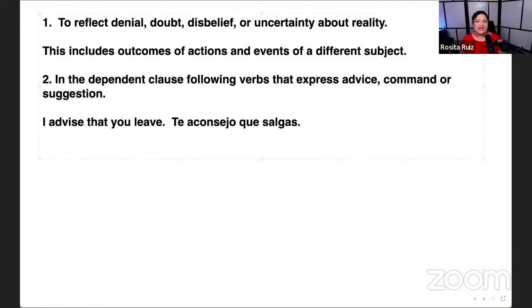And this is why I keep repeating that I introduce the subjunctive as uncertainty, but it's only one part of one clause. There are other uses when we use the subjunctive. It's not all about denial or doubt or disbelief. But at least the pattern remains the same.